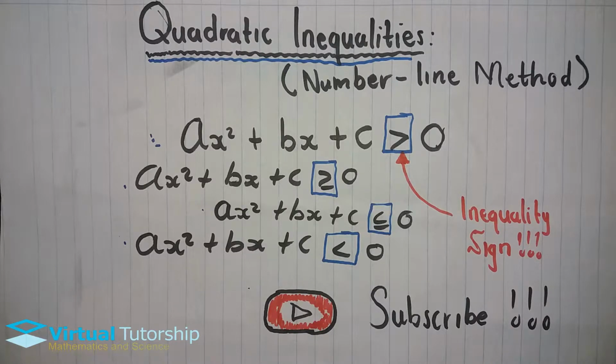So the first step in solving any quadratic equation, ne, including ama-quadratic inequalities nakhona, the first thing ukomele uyenze rewrite your equation into a standard form, ne. But then kule lesson yanamuhla sizofocusa only on the number line method, ne.